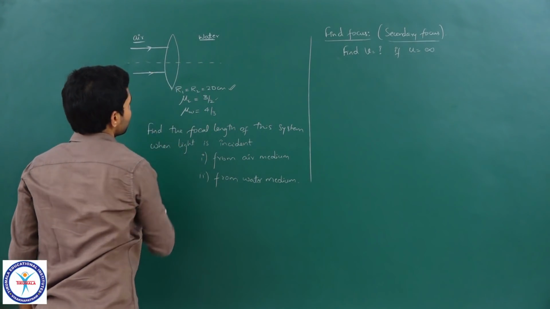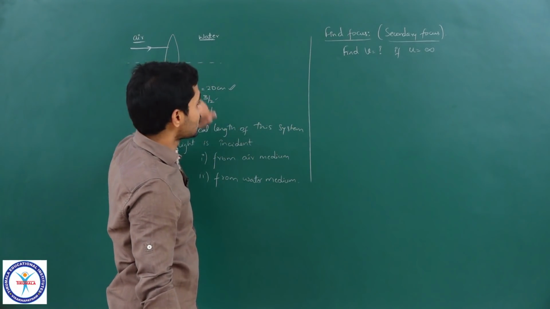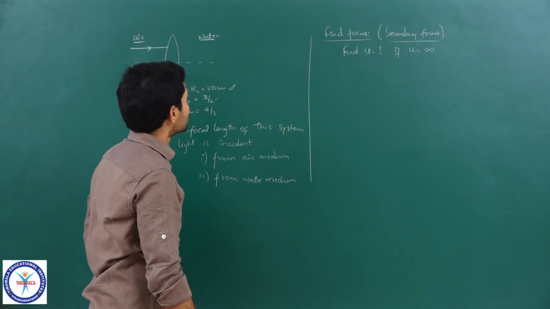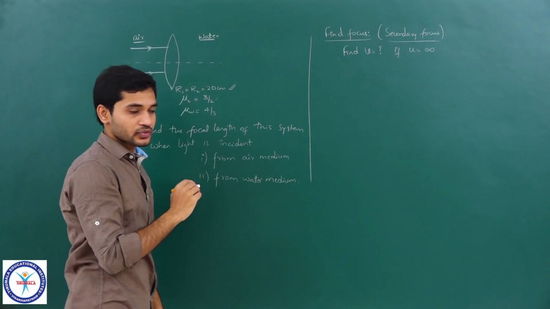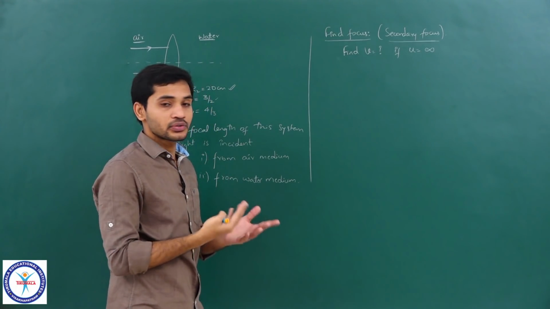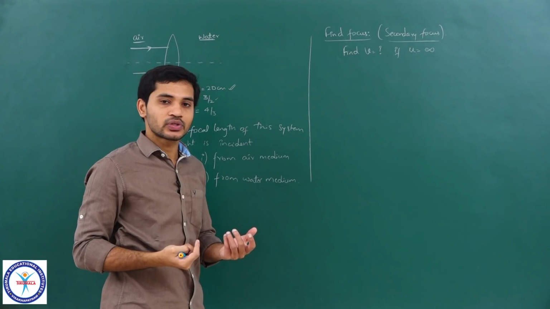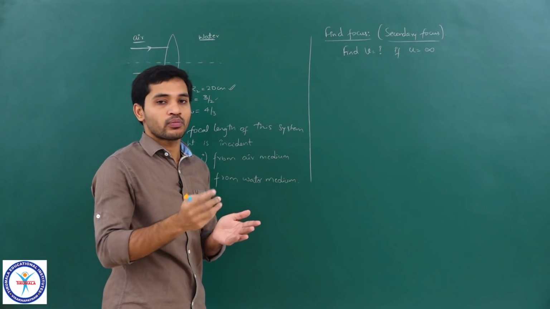If light rays are travelling like this and are incident on this particular lens, let us write the equation. For such a lens with different media on either side, we will have to use the general formula, correct? We can't use the lens formula. The lens formula is only applicable if the medium is the same on both sides.